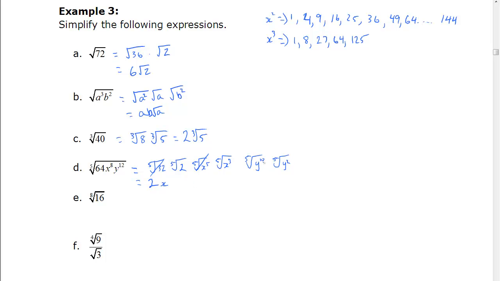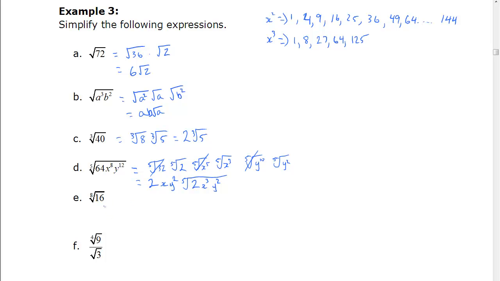Fifth root of y to the 10, well, 10 is divisible evenly by 5, so this is going to actually leave us y squared. If you think to your fractional exponents, this is the same as y to the 10 over 5, which is y squared. So those are gone, and we're left with the 3 that can't be simplified, 2, x cubed, y squared, and those can all go back under the fifth root.